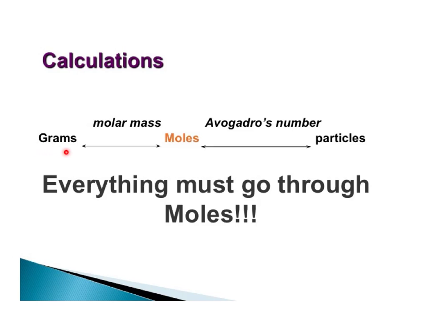So for example, if we want to go from grams to particles, we need to change our grams to moles using our molar mass, and then change our moles to particles by using Avogadro's number, which is 6.02 times 10 to the 23rd. If we wanted to go back and switch from particles to grams, we would just do the reverse.